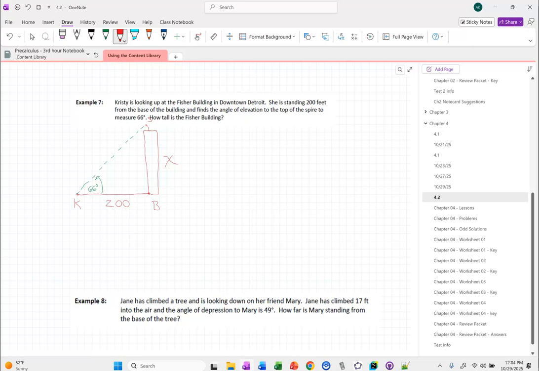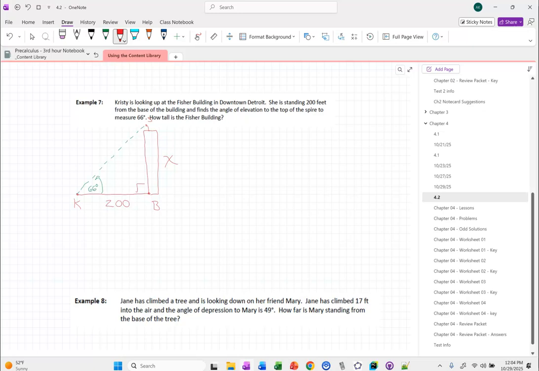Does everybody feel okay so far? What final piece of information can I assume based on the way buildings are built? Julius? There's a 90-degree angle, yeah. You can assume that people stand perpendicular to the ground, buildings are built perpendicular to the ground, trees grow perpendicular to the ground.